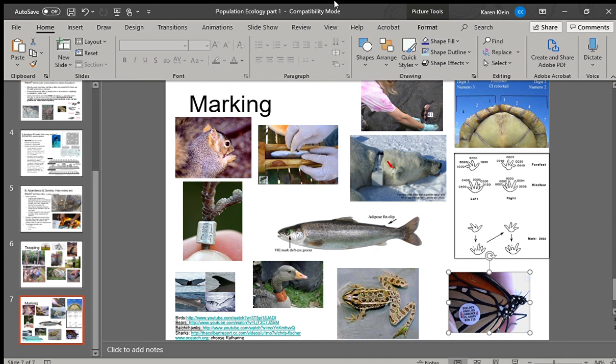And then the population estimates, if your animal or plant doesn't move, use quadrat methods or line transects. And then you have these methods that are employed if you have animals that move around a lot, different methods of capturing and different methods of marking. Just some of the fun you can have if you decide to become a population ecologist.